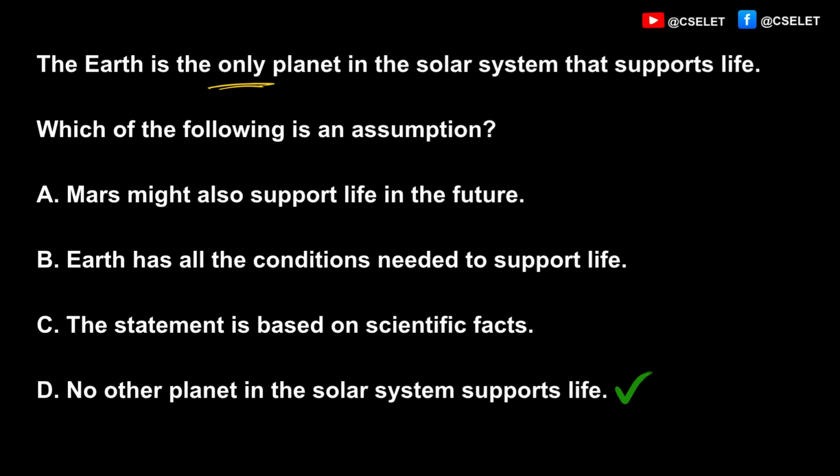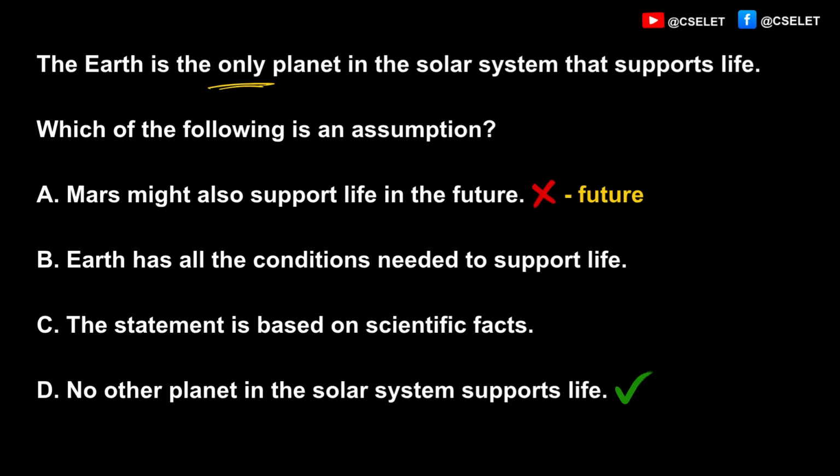So let's check why the other choices are incorrect. Letter A. Mars might also support life in the future. So letter A is wrong because it talks about the future while the original statement is about the present. Hindi sila connected. Therefore, letter A is not an assumption.